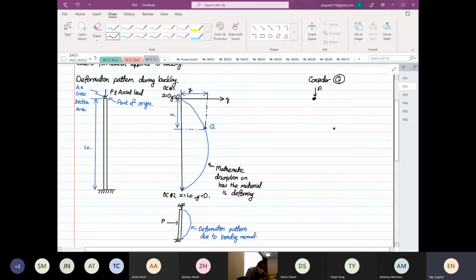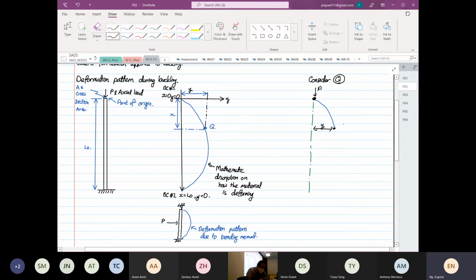At a certain point Q, this is our deformation pattern, and I'm going to sketch our axis, our shaft X or our structure axis. We know that we have a certain distance over here, which is our Y.